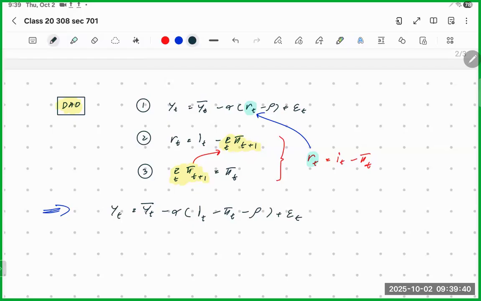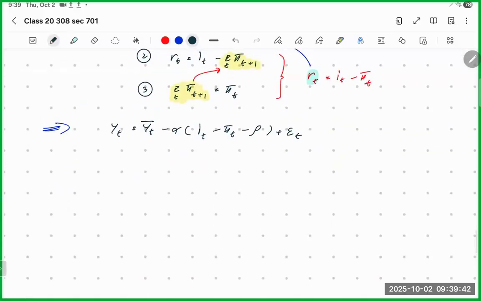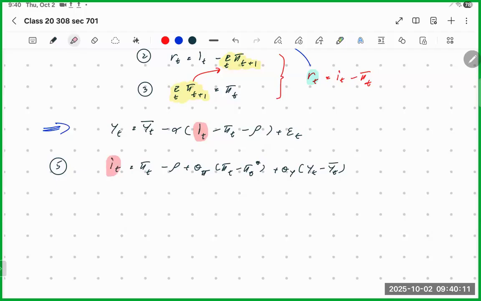Simple like that. And after that, I'm going to bring equation 5 here, the monetary policy rule: IT equals pi T plus rho plus theta pi, pi T minus pi T star, plus theta Y, YT minus YT bar. As you can see, we have a nominal interest rate, IT, in the equation over here.